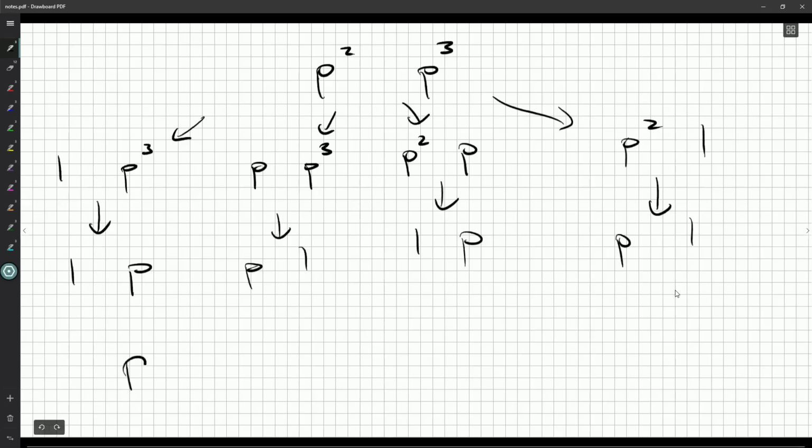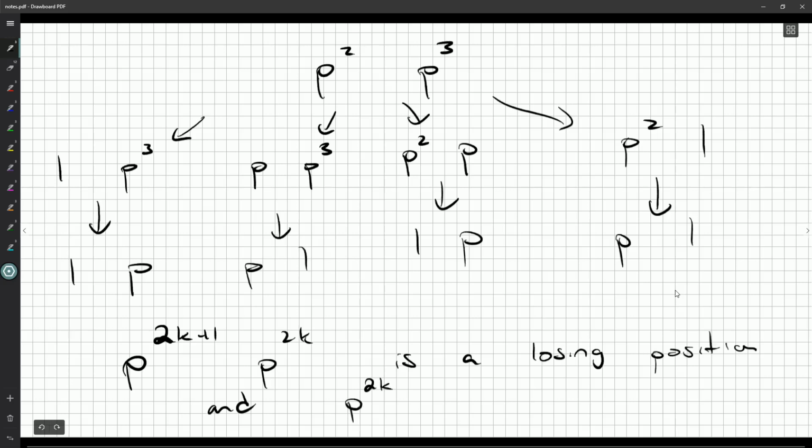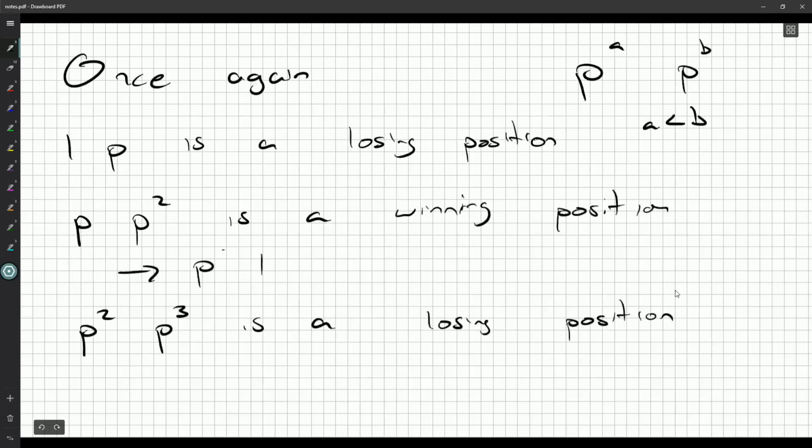So now my suspicion might be p^(2k+1) p^(2k) is a losing position, and p^(2k+1) p^(2k+2) is a winning position? That's my current hypothesis, just based on this work here.